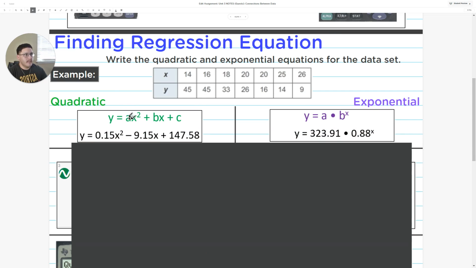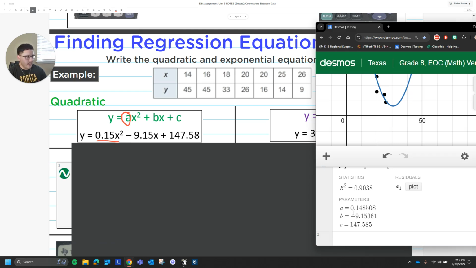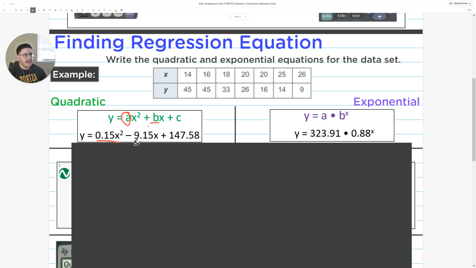A, let me use a different color. A gets replaced with what we had on the calculator for Desmos right there. Same thing with B and C. I tried to show them in different ways.